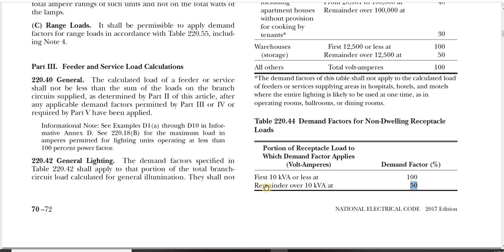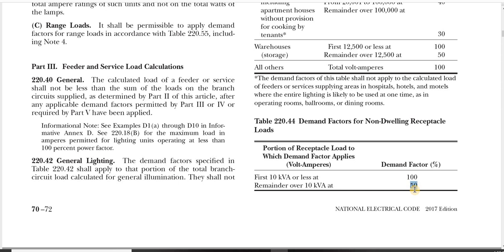All right, so what's the remainder of our equation? Well, we had 13,500. We took 10,000 away from it. That leaves us with 3,500. Okay, well, the 3,500, we can apply a 50% demand factor to it. So we do 3,500 times 50%, and that's 1,750. So we take that 1,750 and we add the 10,000 back to it. Remember, because we took that at the full 100% value.